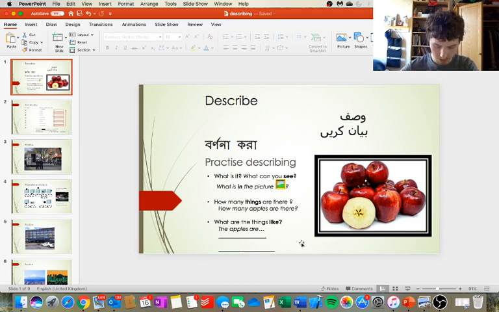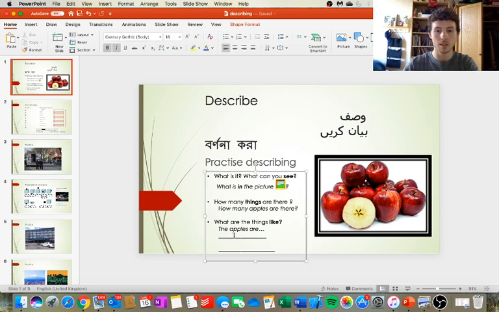Good. So they are in a white picture. So the white comes before picture. So the apples are red. The picture is white. Good.